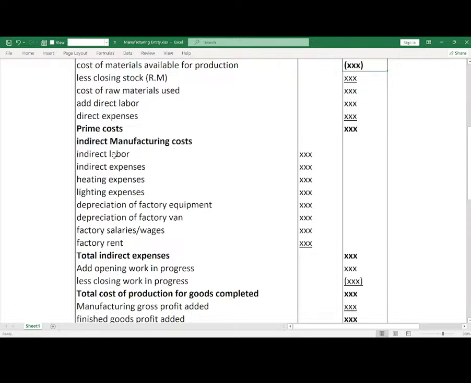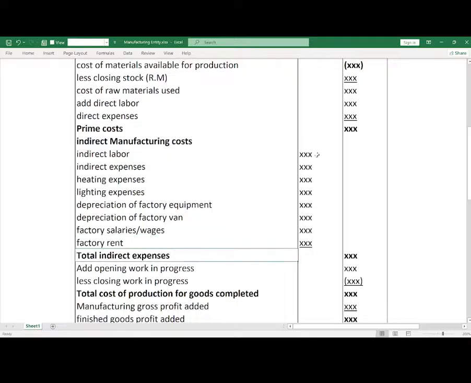There are things like indirect labor, indirect expense, heating expense, all the expenses: depreciation of factory equipment, depreciation of factory van, factory salaries and wages, factory rent. So we get all the indirect manufacturing cost, or the total indirect expense.